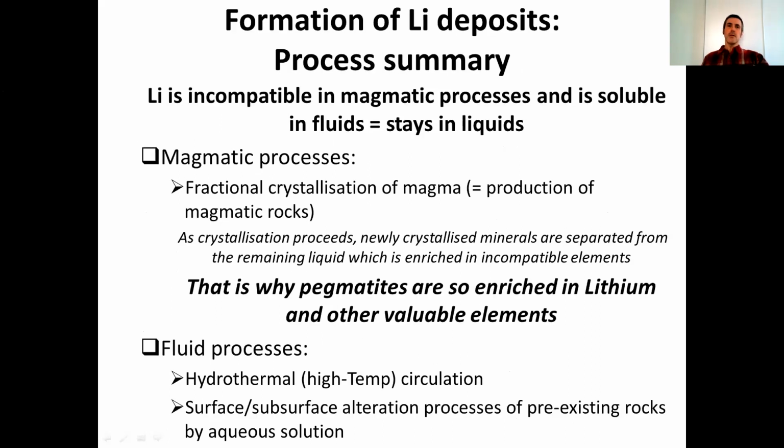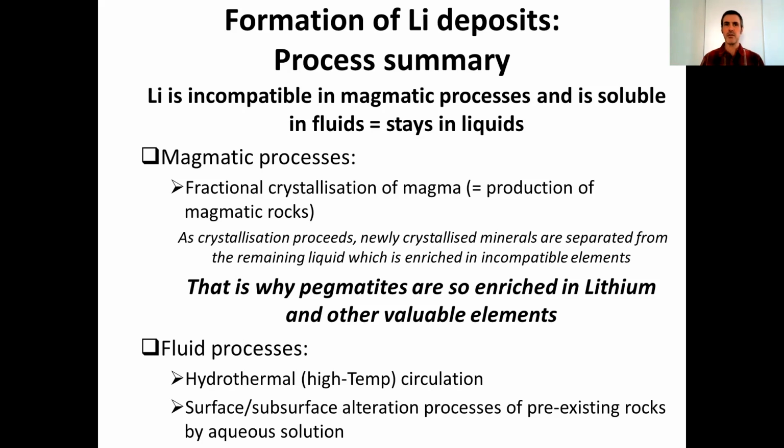As a summary of formation processes of lithium deposits. As I said early on in this lecture, lithium is an incompatible element in magmatic processes and soluble in fluids. It stays in liquids.